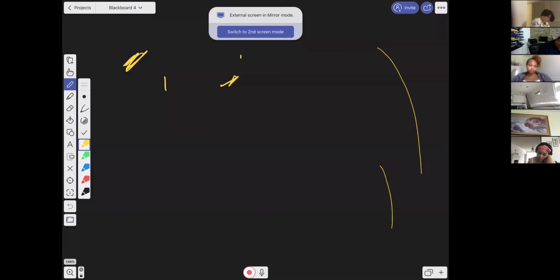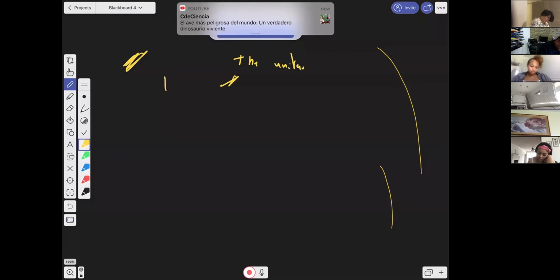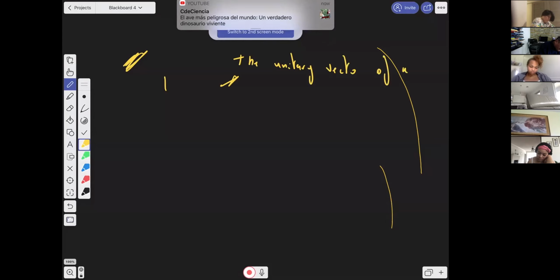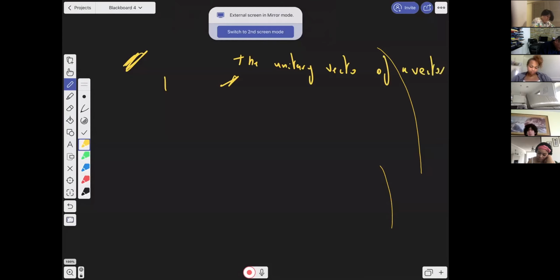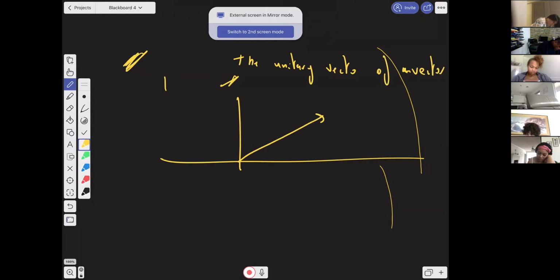Okay. So the unitary vector of a vector. What it means is, if you watch the video that I made, the idea is like this. You have this vector. Let's say the vector A is 3i plus 4j.